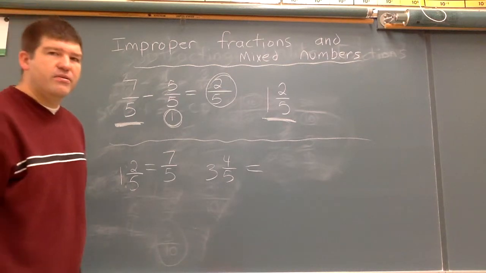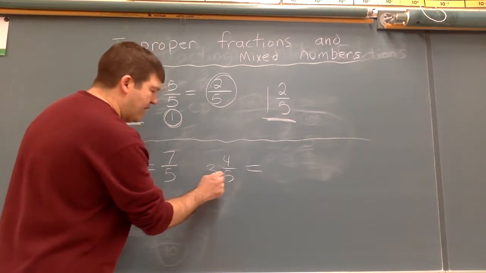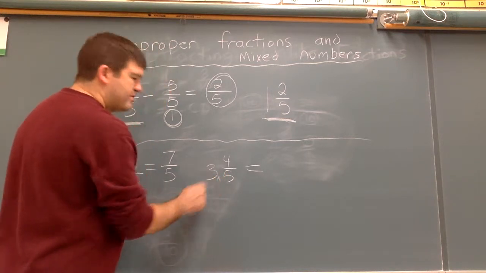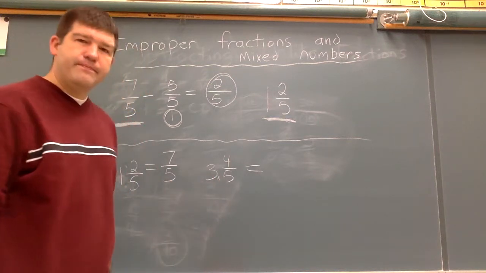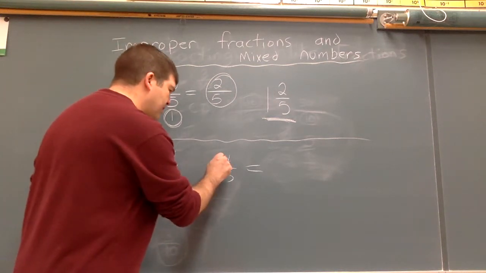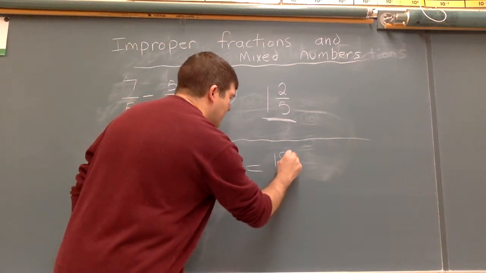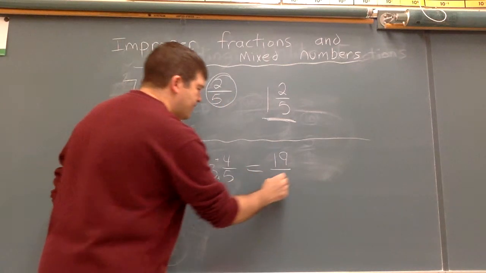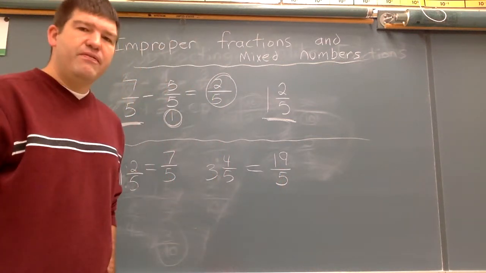How do I make that into an improper fraction? I take 5. 5 times 3 is 15 plus 4. 15 plus 4 is 19. So I put my 19 on top, and then this 5 just comes across here, and it's 19/5.